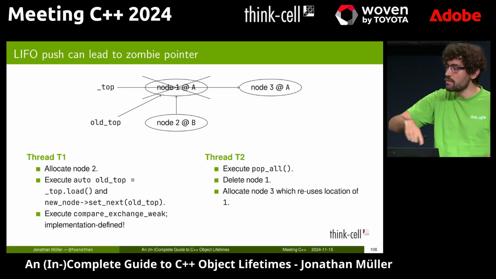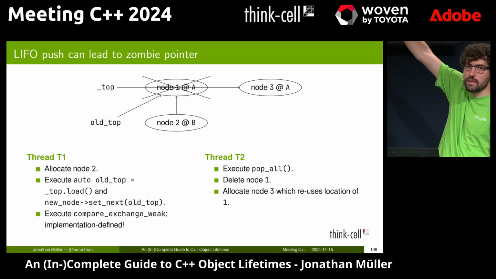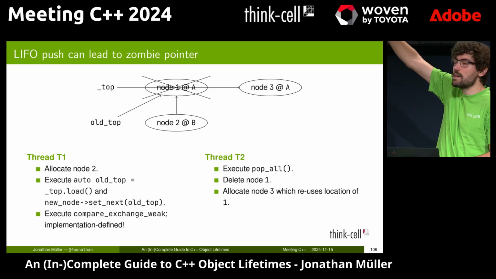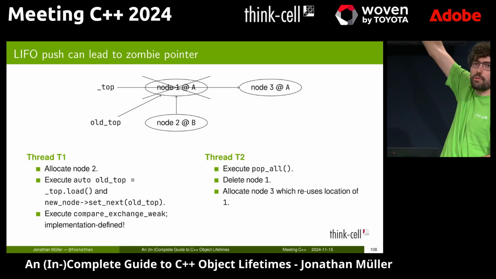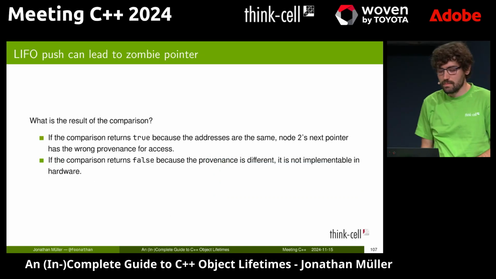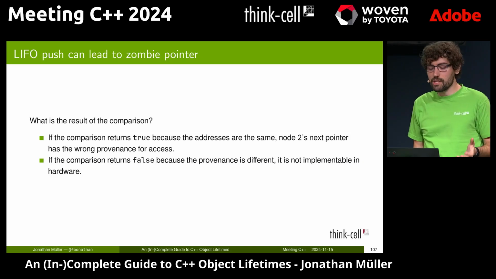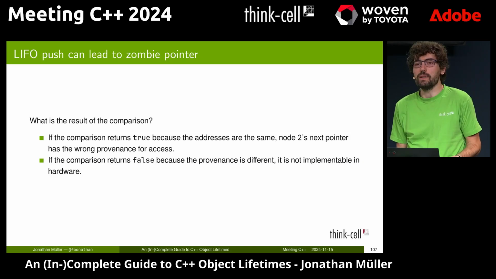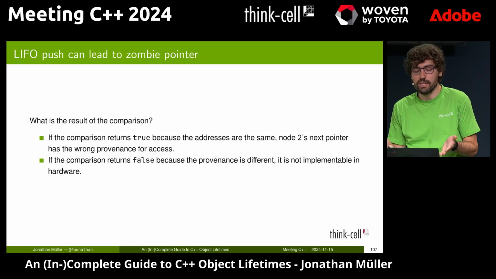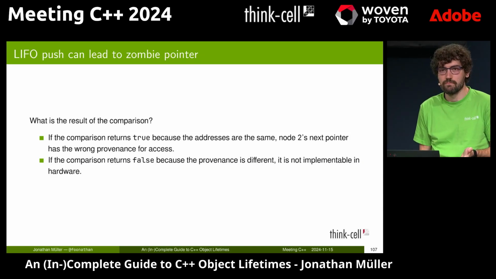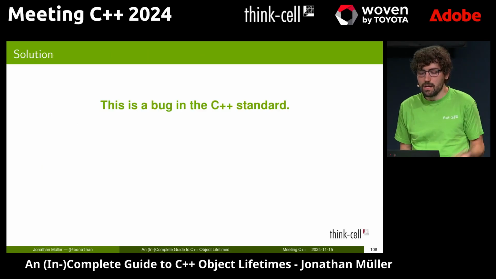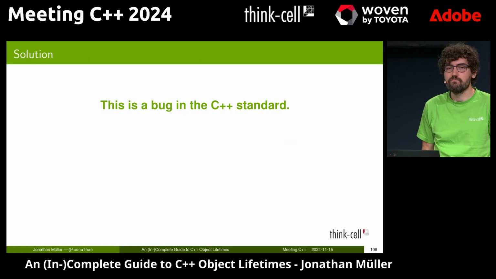We're just going to have node 2 still point to node 1 at provenance A, so you can no longer go through the list because it does not point to node 3, it points to the deleted node 1. But if the comparison returns false because the provenance is different, that's not implementable, because provenance doesn't actually exist in the hardware. So this is a bug in the C++ standard.